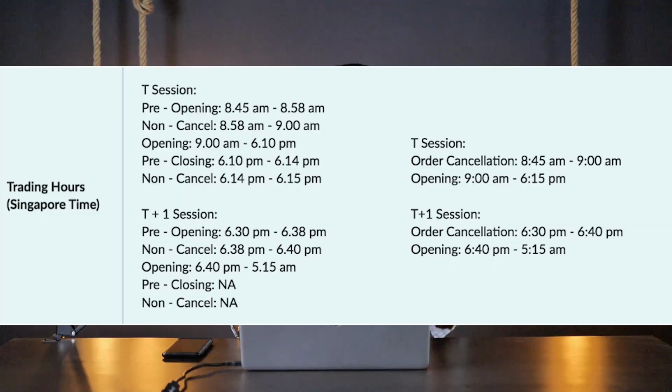The trading hours mentioned here are Singapore time, and the difference between Indian Standard Time and Singapore time is around 2 hours 30 minutes. Therefore, we can see that in the morning, which is the T session, it trades from 9 a.m. to 6:10 p.m. Singapore Standard Time.